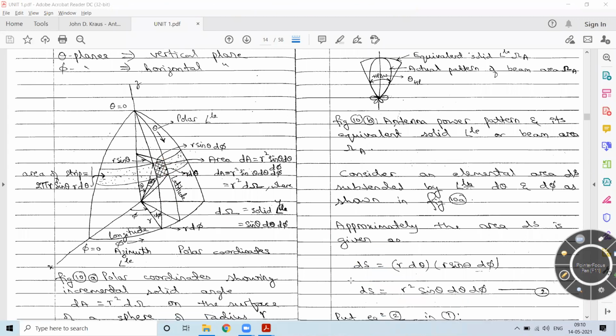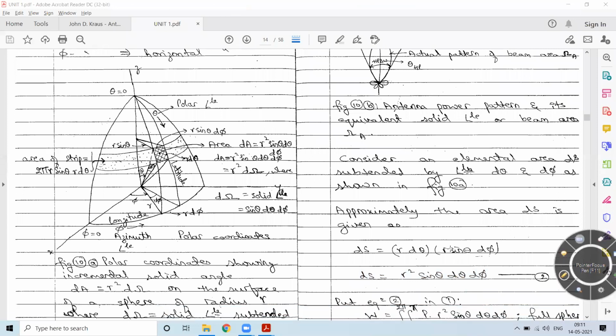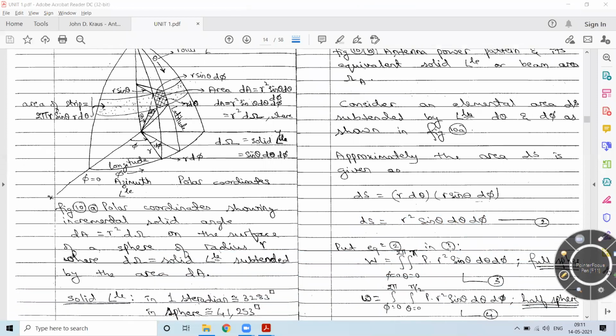From this we obtained another parameter, that is, this is equal to r square d omega, where d omega is the solid angle. In this case, it is an elemental solid angle.